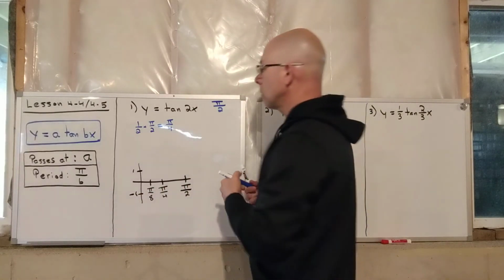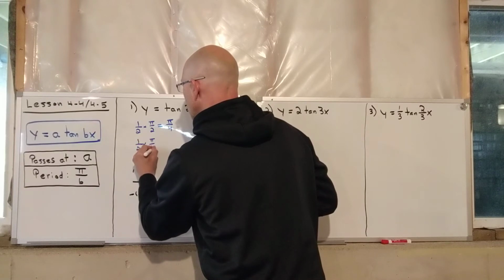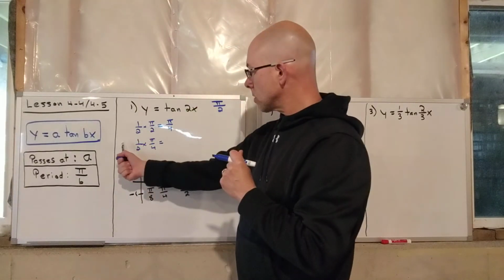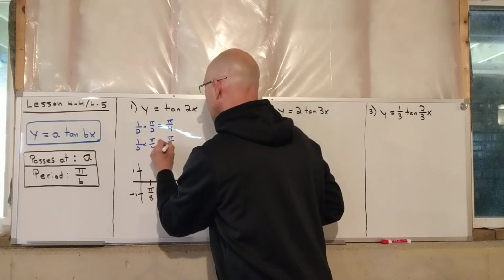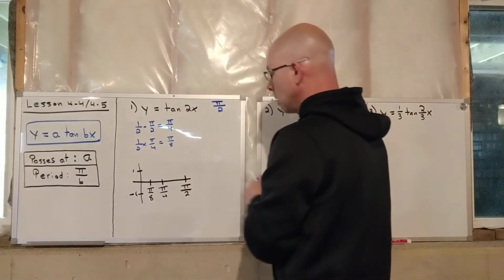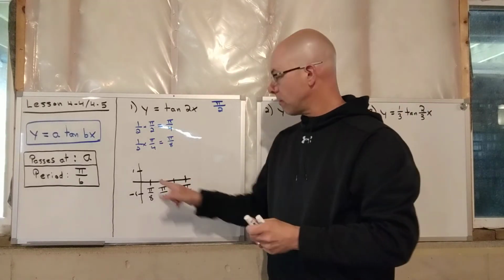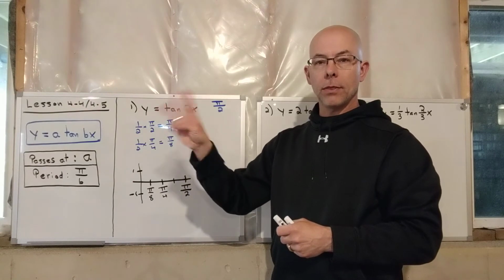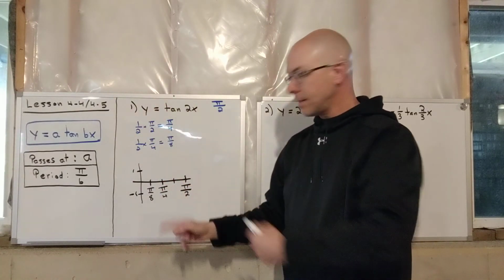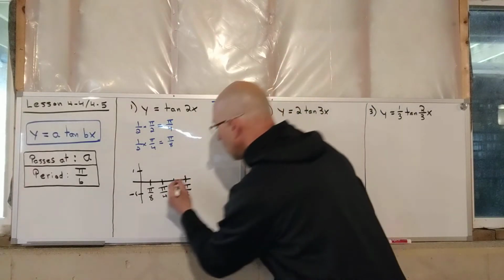Once again, if you don't know that, half of pi over 4, multiply straight across, 1 pi over 8. Remember the first spot, your numerator says 1 pi. So we're going to go 1 pi, 2 pi, 3 pi, 4 pi over 8. So 1 pi over 8, 2 pi over 8, 3 pi over 8.